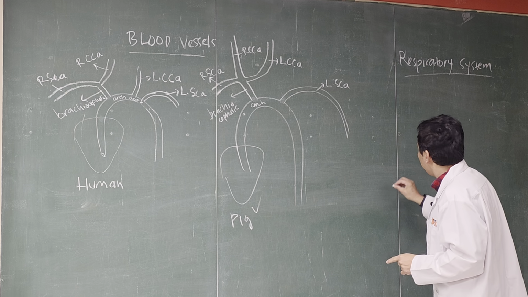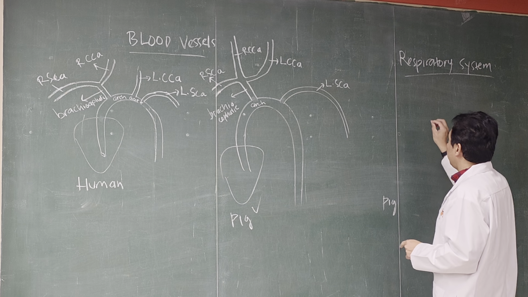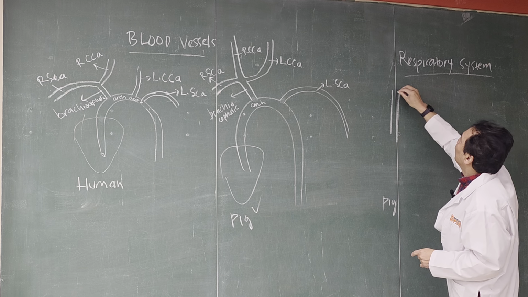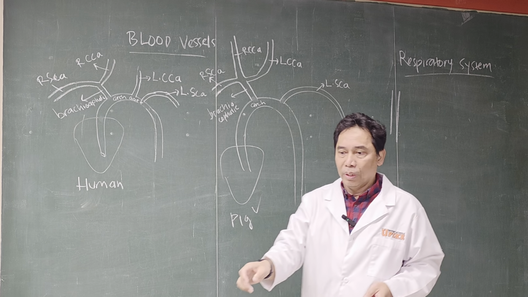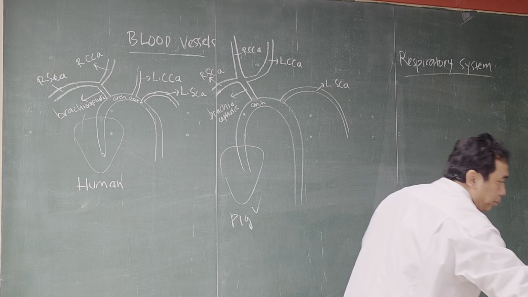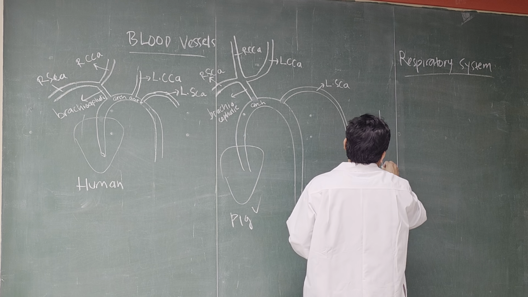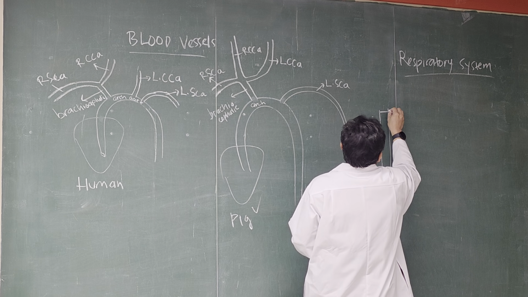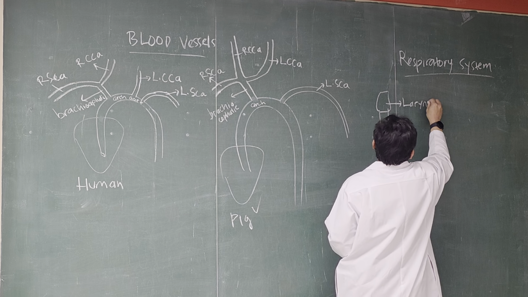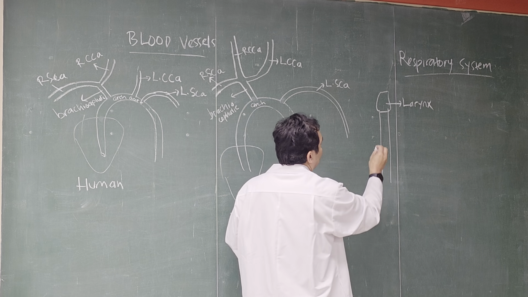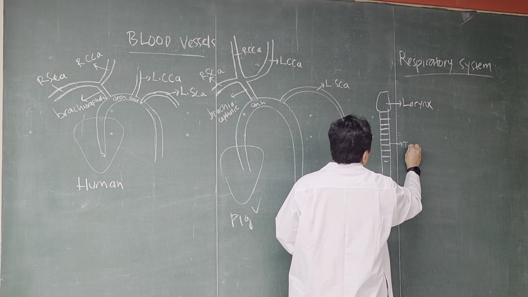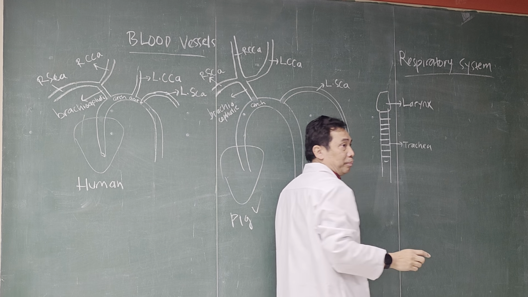Okay, let's say we have the pig over here, and you're going to dissect it. Look for the larynx over here, which is the voice box. And then look for this windpipe, which is the trachea.